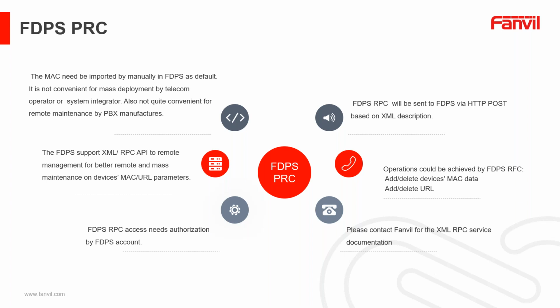So with the RPC, which is realized by HTTP POST via XML description, these people can make remote communication to send commands to FDPS, asking it to add a MAC address, delete a MAC address, and add or delete a URL remotely.